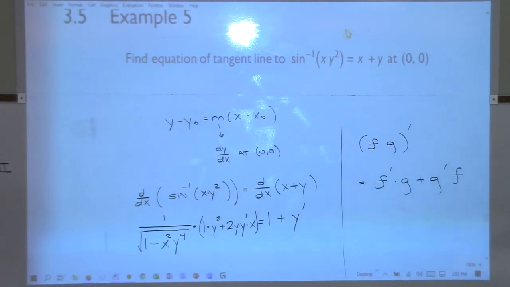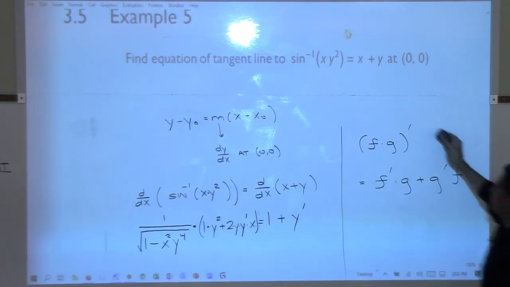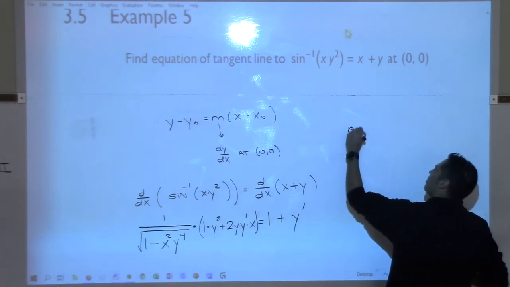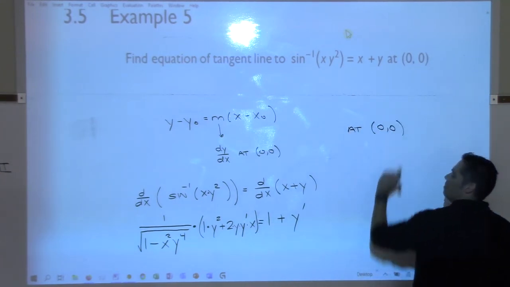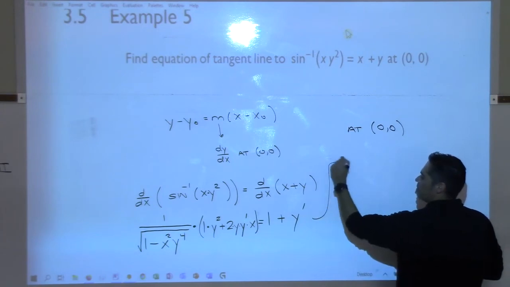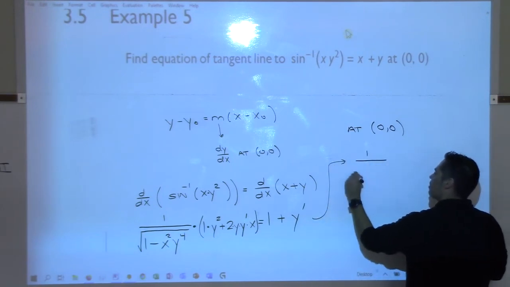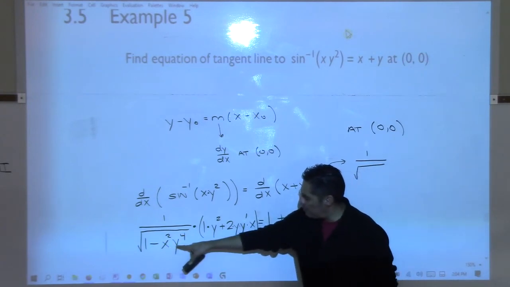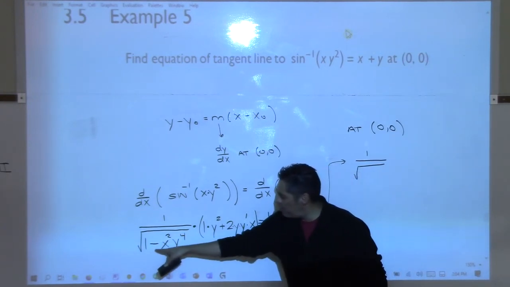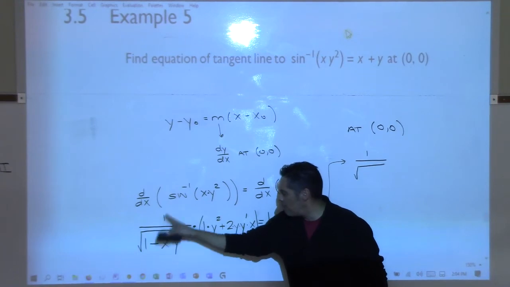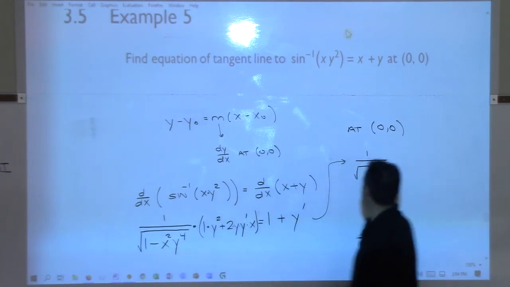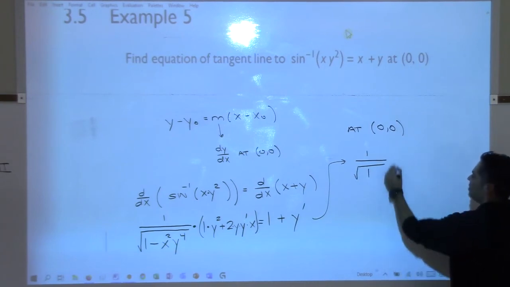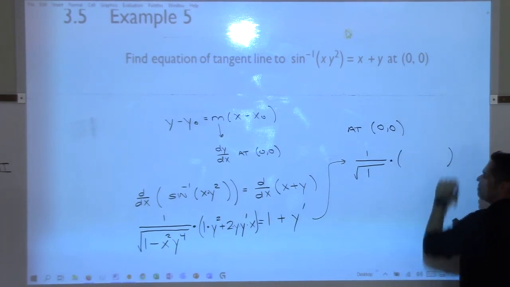There it is. Okay, so now I'm going to say, at the point (0, 0), this equation becomes 1 over the square root of, well, if that's 0 and that's 0, that's gone, right? So it's just 1 minus 0, that's just 1, and root 1 is 1, and 1 over 1 is 1. So that's all just 1, okay? I'll just put 1 down here. And then times, let's see what's in this parentheses.